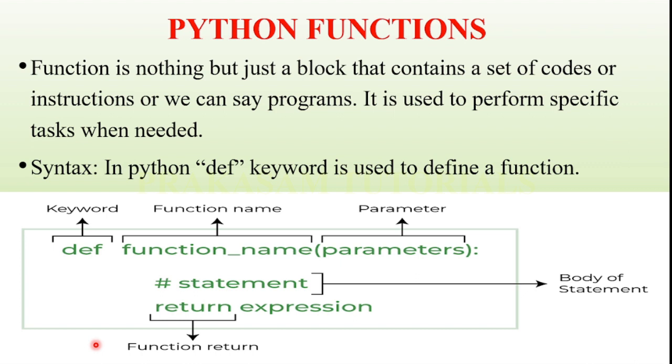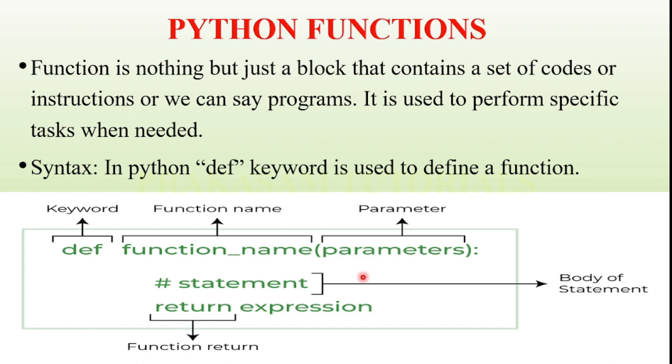What is the function name? The function name is the name of the function. We can give any name to a function. What is a parameter? A parameter is a value passed to the function. We can pass any number of parameters. The function body uses the parameter values to perform an action.